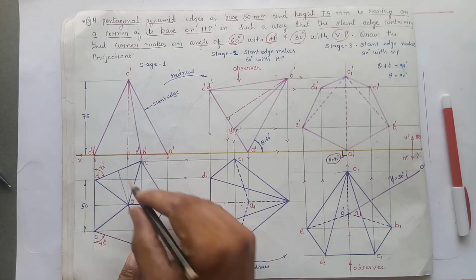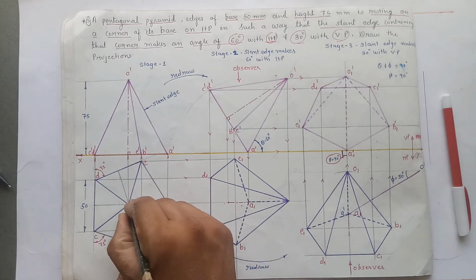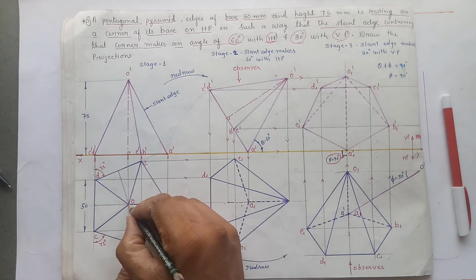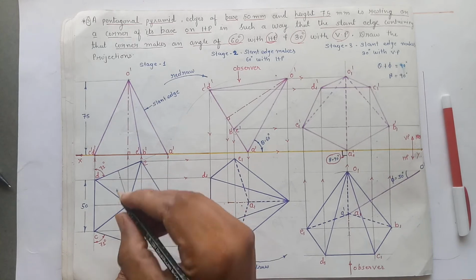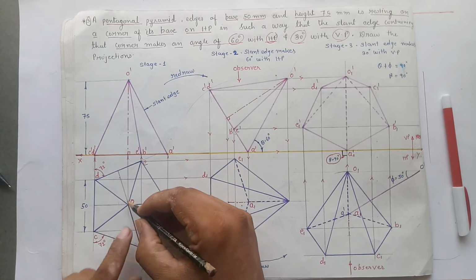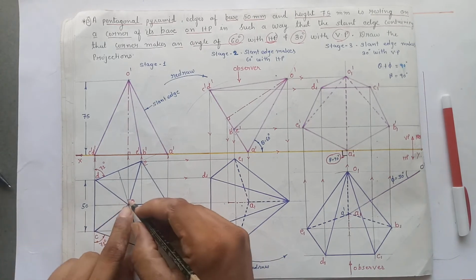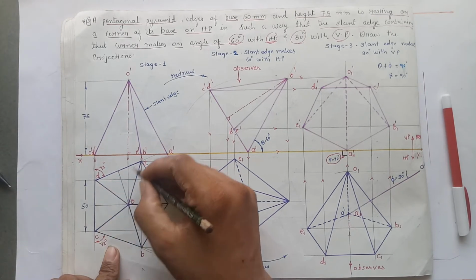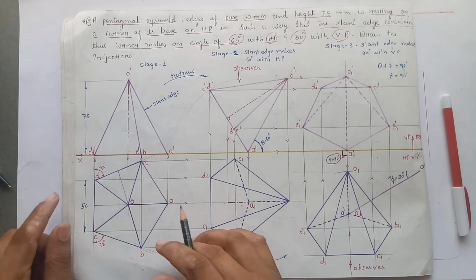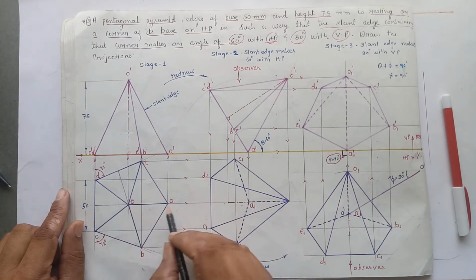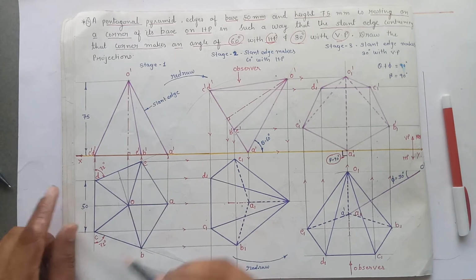The intersection of these two lines will give us the center of the pentagon, and the center of the pentagon will give us the top view of the apex point. Now join the apex point to the base corners, that is OA, OB, OC, OD and OE. This will be the top view of the slant edges OA, OB, OC, OD and OE.